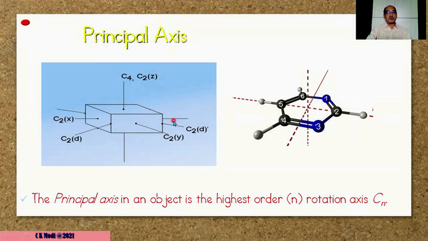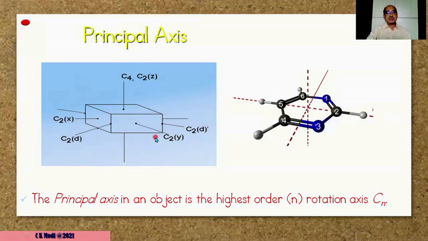Same way, a number of C2s are also present. There are 4 C2s also present. So in this square planar molecule, not only one C4 is there, but it would have 4 C2 axes. These are called subsidiary axes. Now, principal axis.